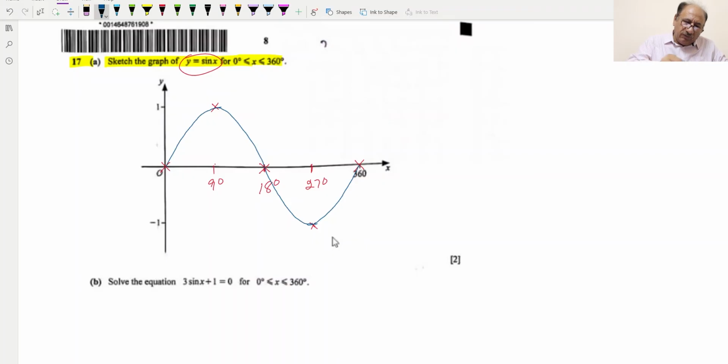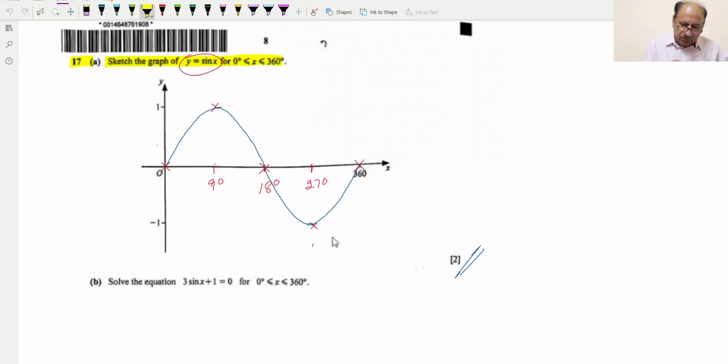They will be looking for these points, 1, 2, 3, 4, and 5. These you will have to show. This is sketching, it's not an accurate graph. You will have to sketch from 0 to 360. We are not showing beyond 360, which is the range given. So this is a 2-mark question, which we are done.